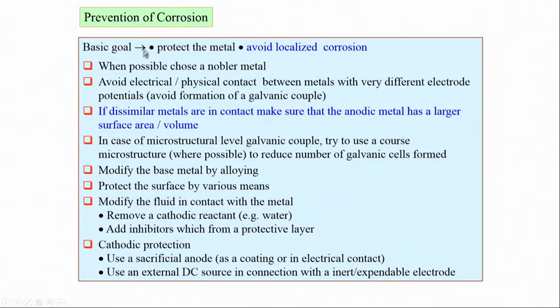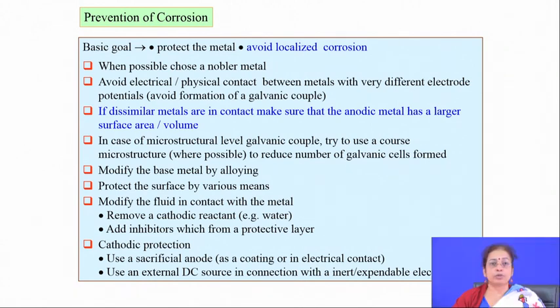Now this is the summary sheet. Our basic goal is to protect the material from corrosion and avoid localized corrosion. So, whenever it is possible you choose that. These are typical thumb rules which must be followed for minimizing the corrosion kinetics in an actual component.